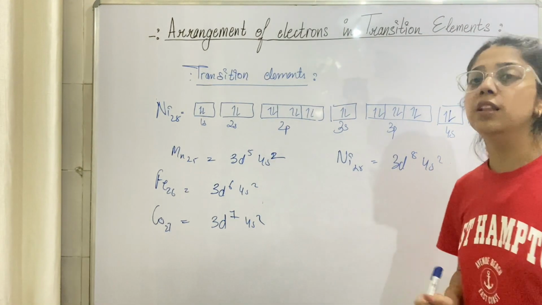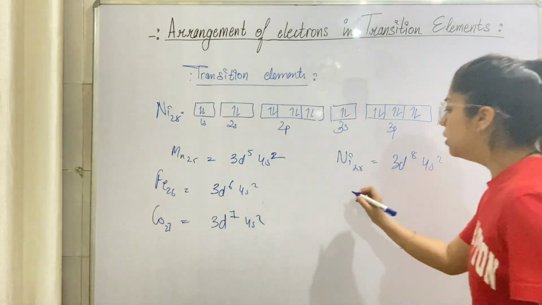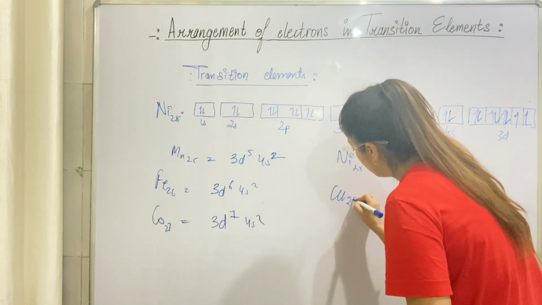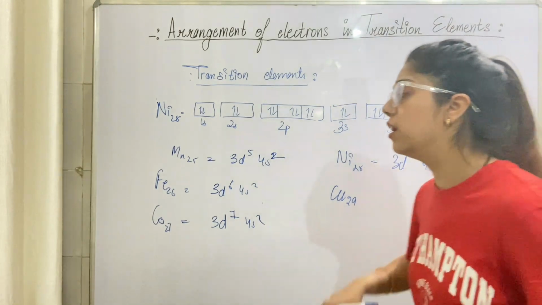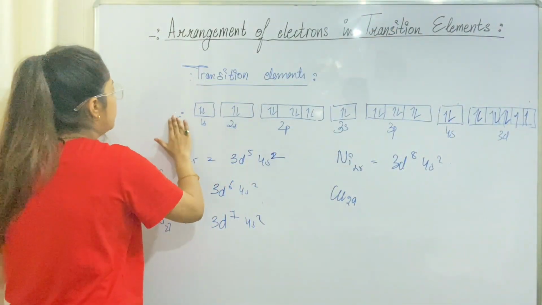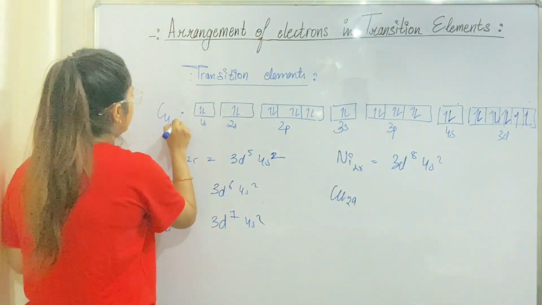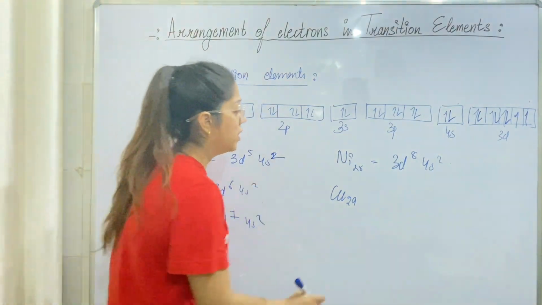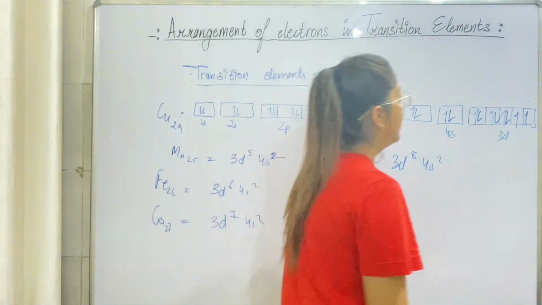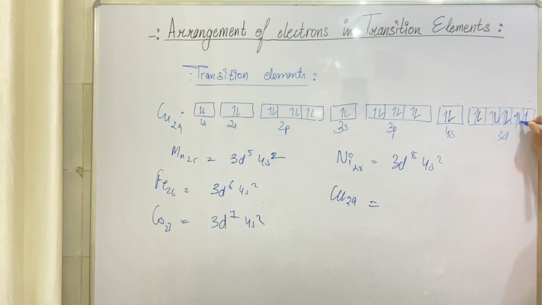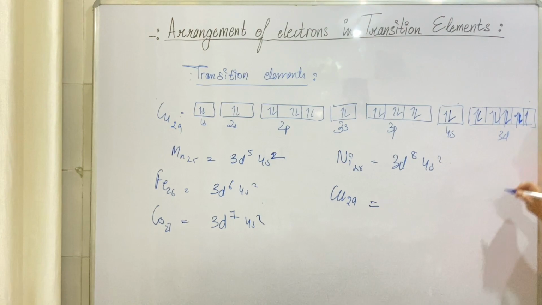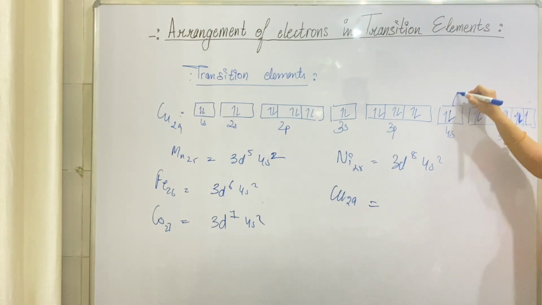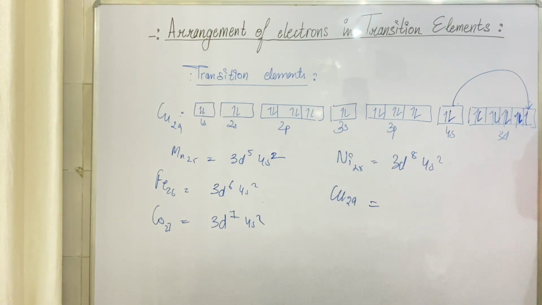Now after nickel, the next one is copper. For copper, the atomic number is 29. Now look at this very, very carefully. For copper 29, again the same thing will happen over here. If we put one electron here, correct? Now, this electron will also come here. Why?